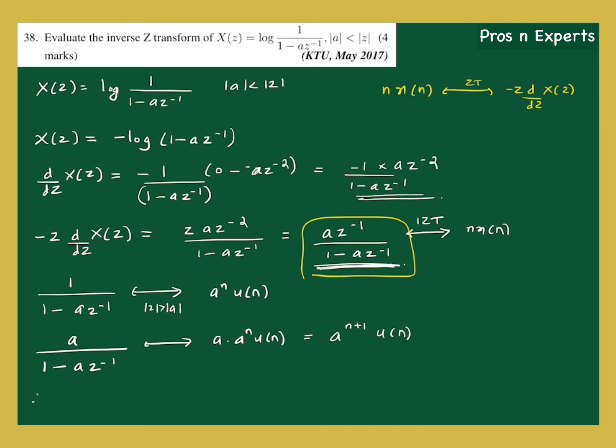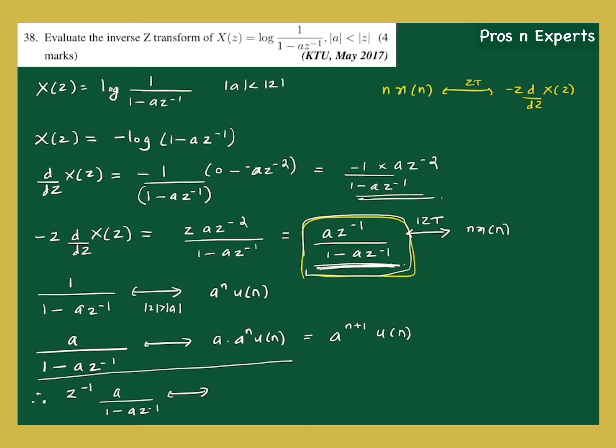Therefore what we want is this a z inverse by 1 minus a z inverse. So I am multiplying this expression with z inverse. What is the inverse Z transform of z inverse into a by 1 minus a z inverse? It's very simple. If we are multiplying a transform with z inverse, that means in time domain it is shifted by 1 unit.